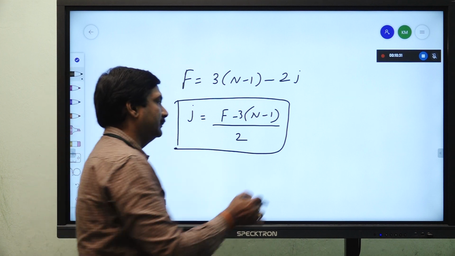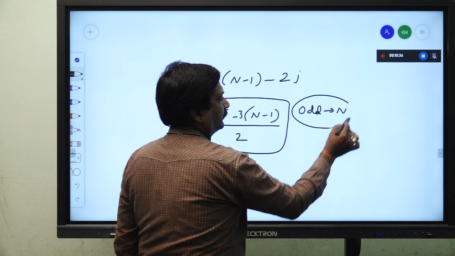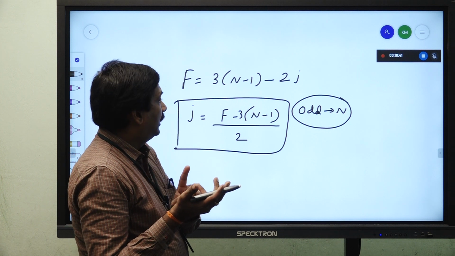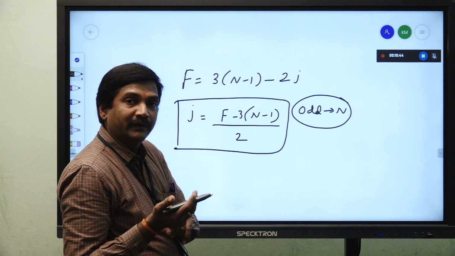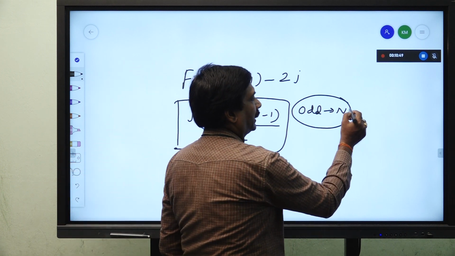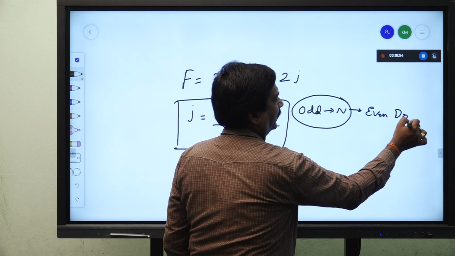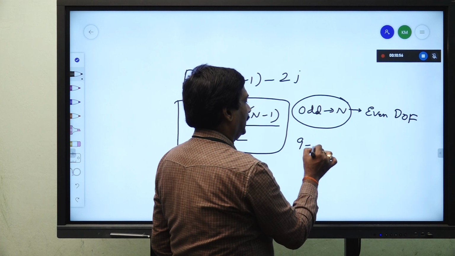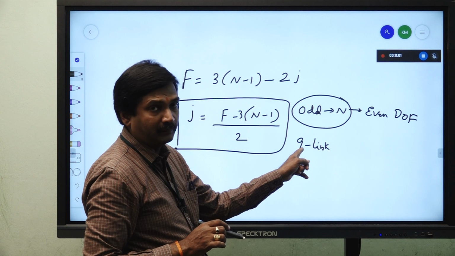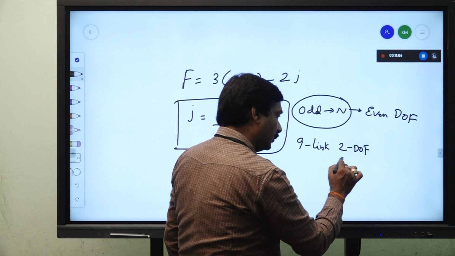By observation, for any odd value of n, that means n = 5, 7, 9, 11, whatever odd number of links we have, we get chains with even degrees of freedom. Suppose I give 9 links. A 9 link, 1 degree of freedom chain cannot be formed because this is an odd number. An even number, 2 degrees of freedom, is possible, and 4 degrees of freedom is possible.